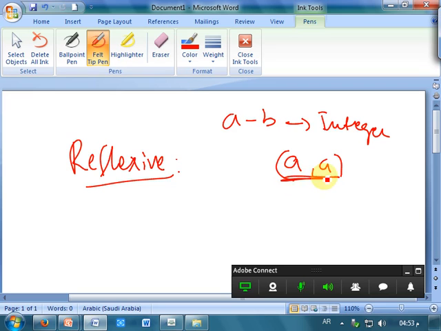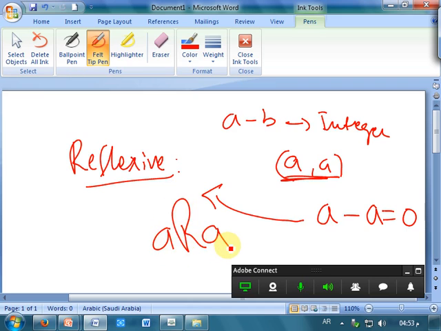So if you take any number a, then a minus the same a is always 0. If you take any number, 3, 4, 5, 6, 7, 8: 3 minus 3 is 0, 4 minus 4 is 0. Then it means that a relates with a in this condition. So it satisfies the reflexive relation.